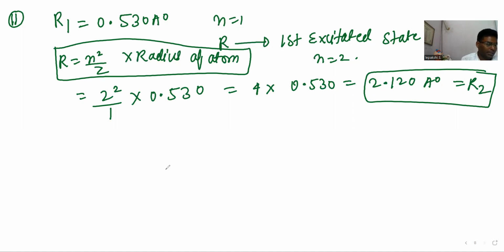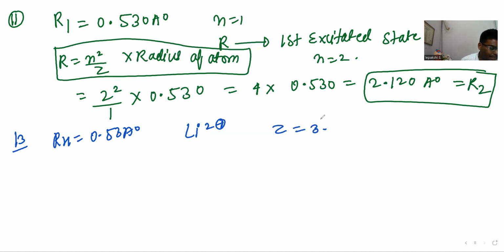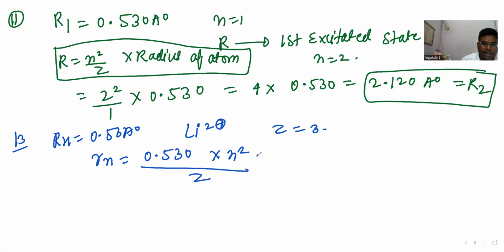Now see the next sum, that is 13. The radius of the hydrogen atom is given as 0.53 angstrom. You have to find the radius of lithium plus 2, where the atomic number Z is given as 3. The formula for rn is 0.530 into n square upon Z angstrom.